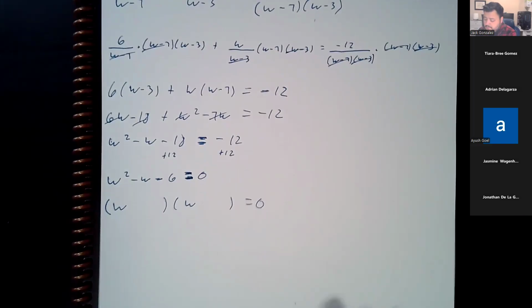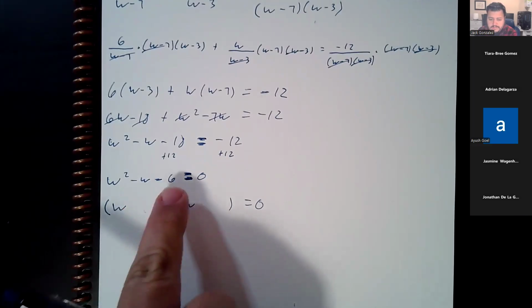What are the factors that will add up to negative 1? Factors of negative 6.